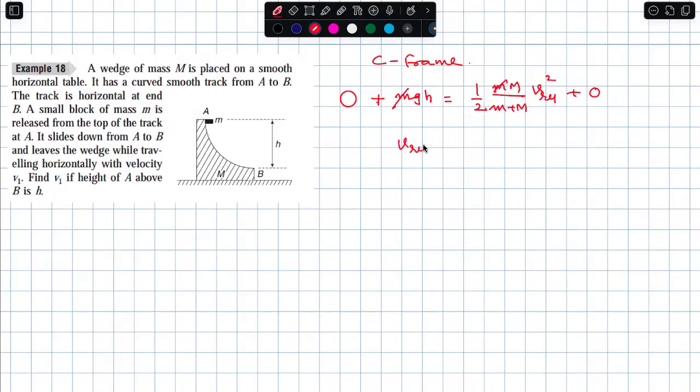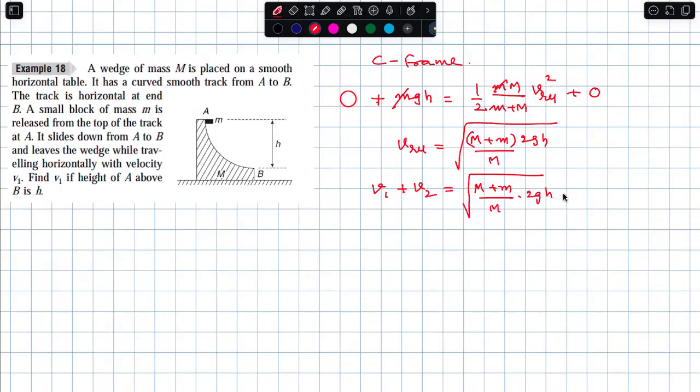V relative is the square root of (M + m) times 2gh by M. Don't forget V1 plus V2 is the square root of (M + m)/M times 2gh. Equation 1.